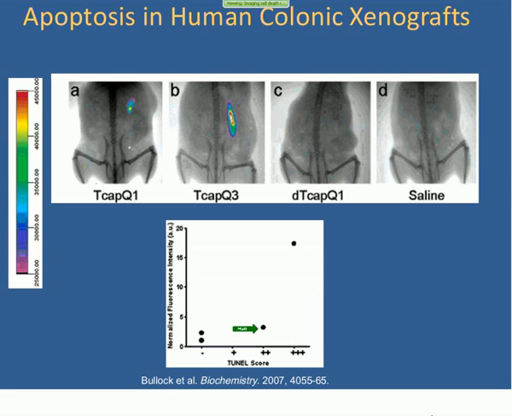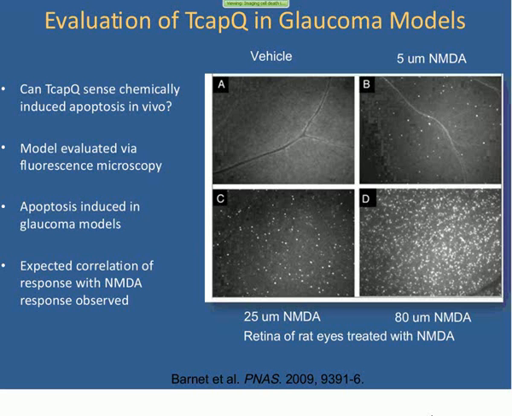They tested their probe in vivo using human colonic xenografts and then treated those xenografts to cause apoptosis. Here are a couple of examples using what they call the TCAP-Q, so TAT peptide, caspase, and quencher is what that means. Here are two mice that were injected in this study, and you can see uptake in this tumor and activation of the probe over time.